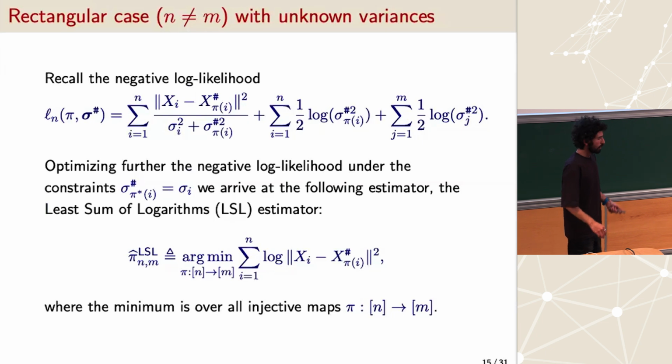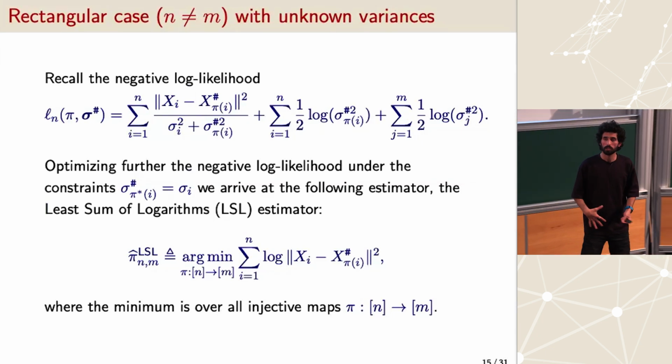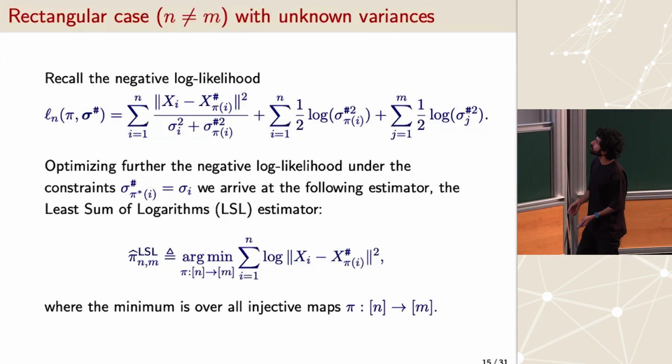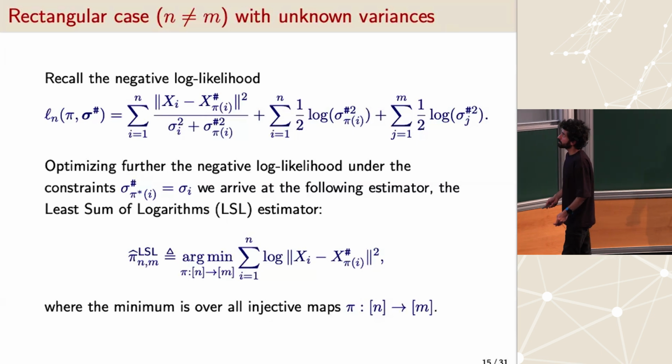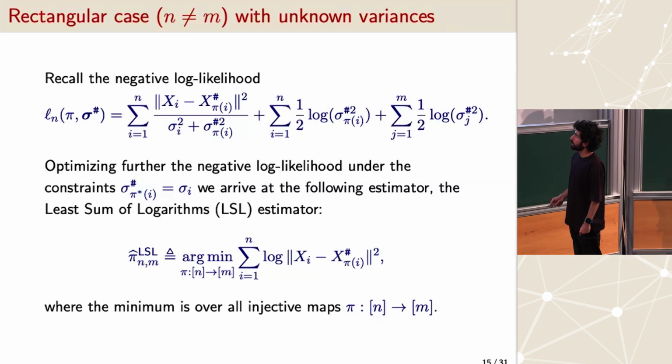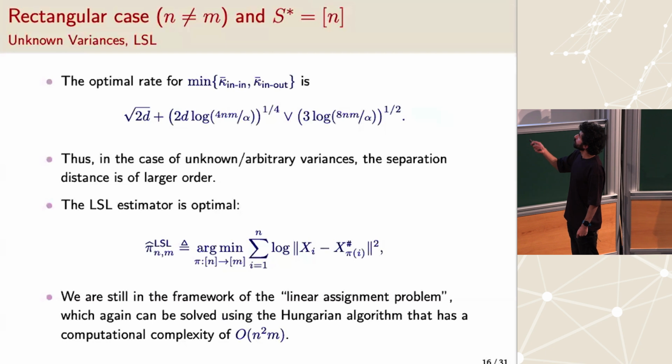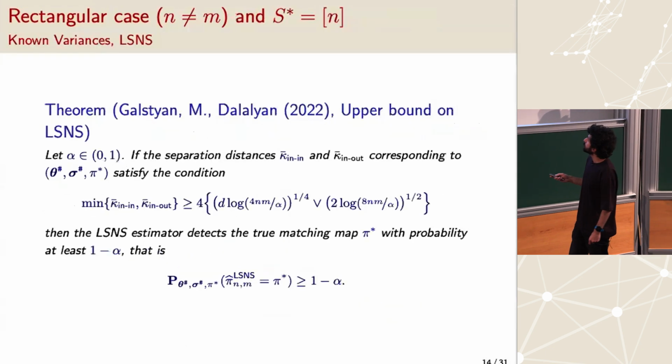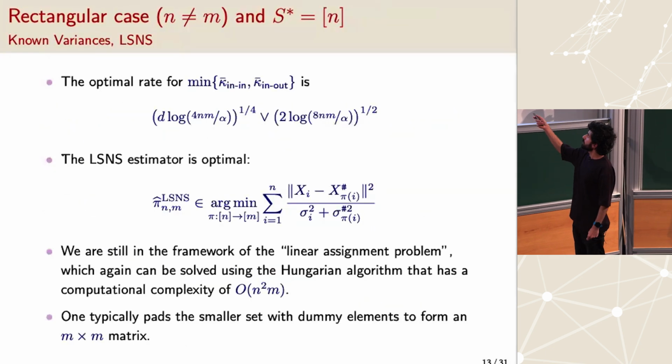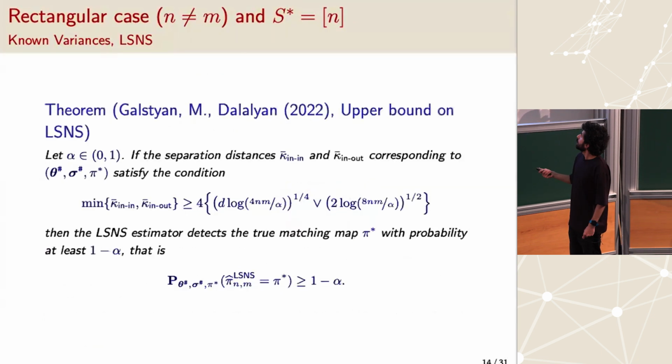Now the natural question to ask: what if we don't know these variances, and we cannot normalize our distances?